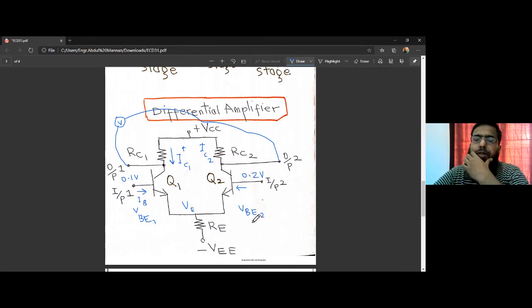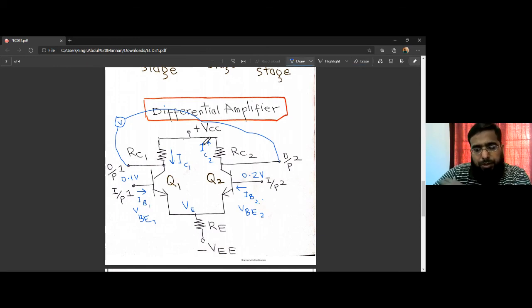That means that the IB that flows into the transistor Q2, IB2, would also be a bit larger compared to the current IB1. So that will cause a greater IC. So IC2 would be larger now compared to IC1.